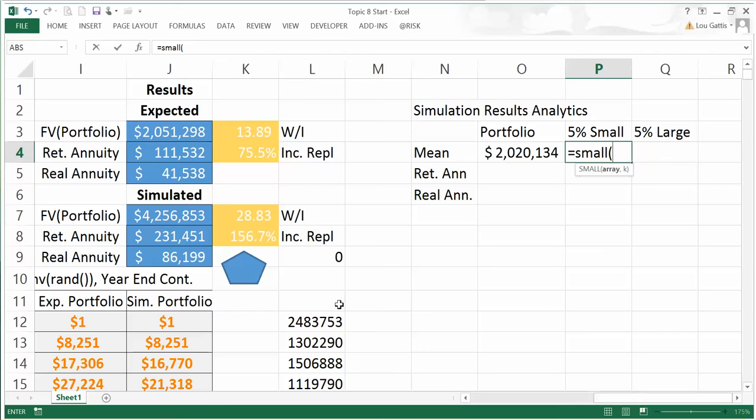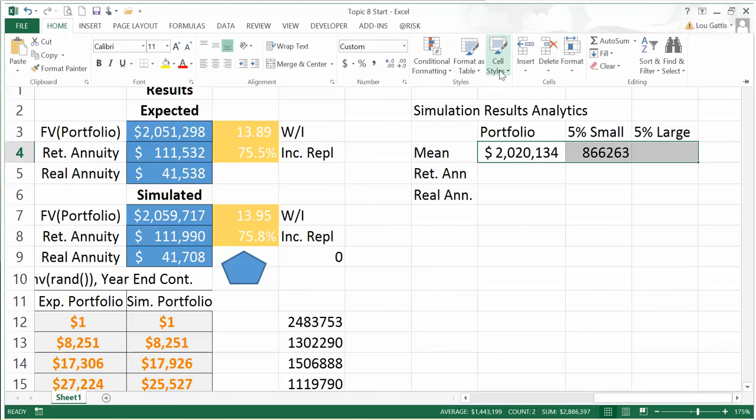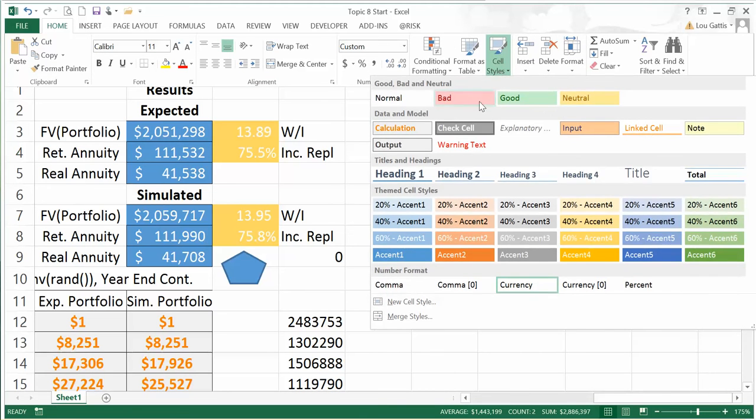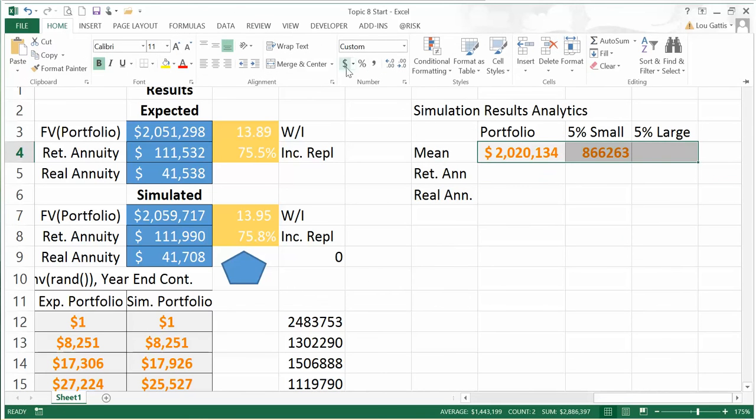So I can do the small of the array of SIMs, and I'll look for the smallest 250th value, which is $800 and some thousand.